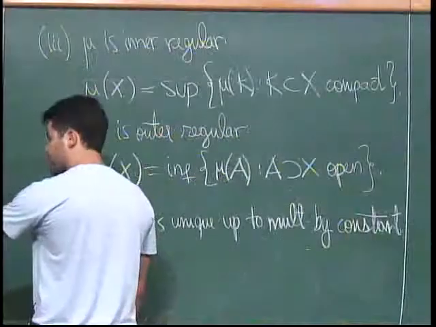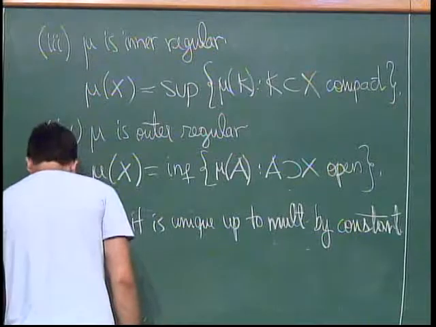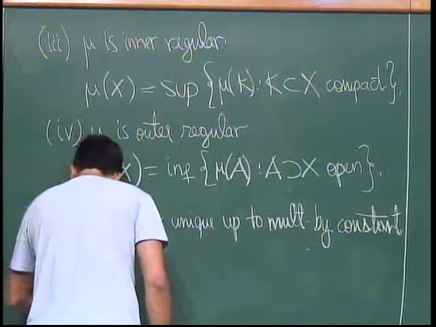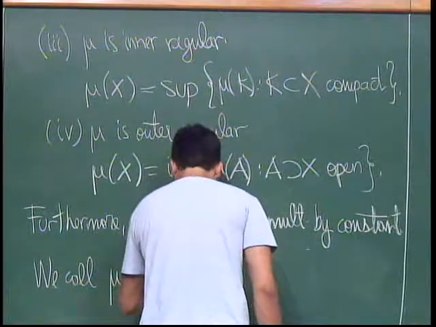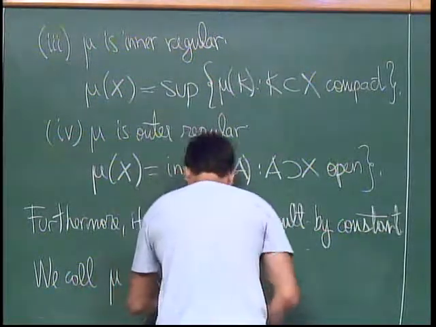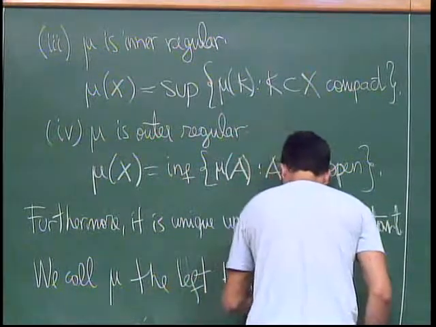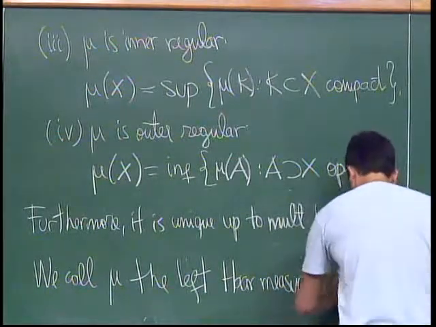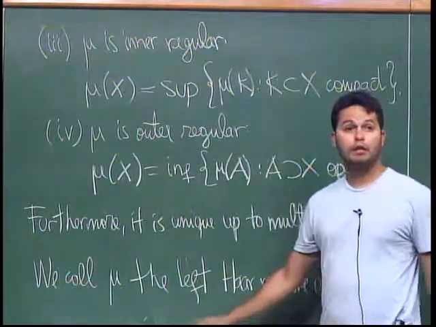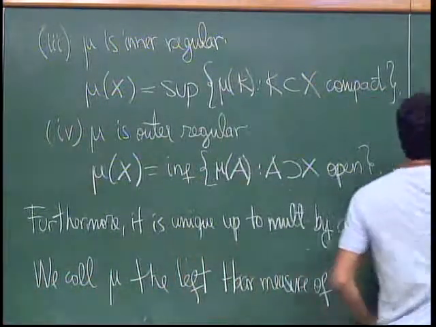So the measure guaranteed by this theorem we call mu, the left Haar measure of G. Let us give some examples of Haar measures.